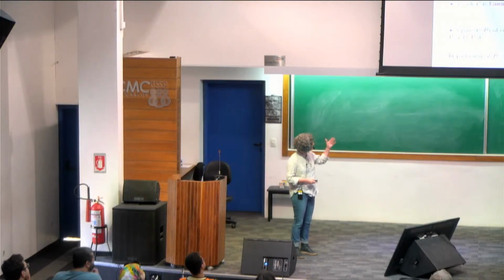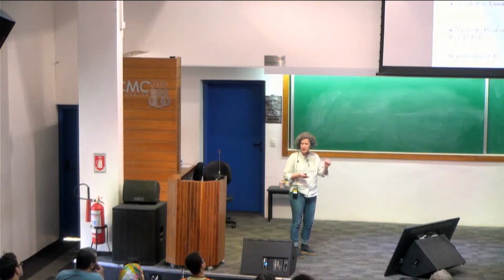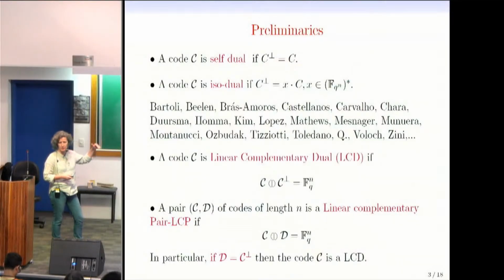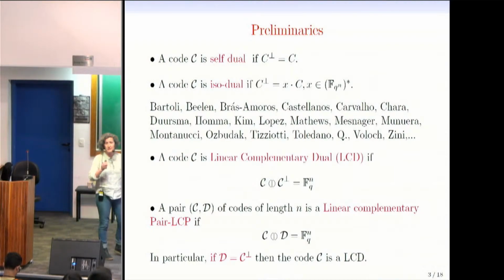So of course, if you have a pair, and your second code D is just the orthogonal of C, then you have an LCD code. Here I'm going to present these codes, but as AG codes, algebraic geometric codes of this type. At first, we are going to construct some pairs, and from these pairs, we are able to prove that you can get LCD codes.